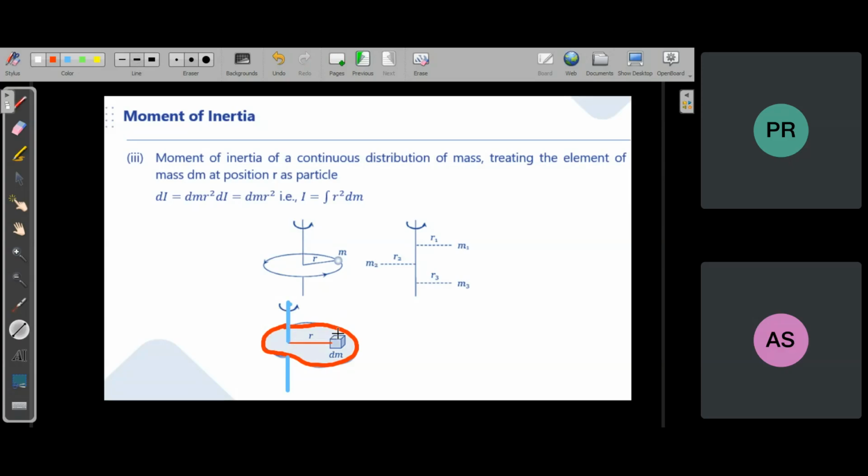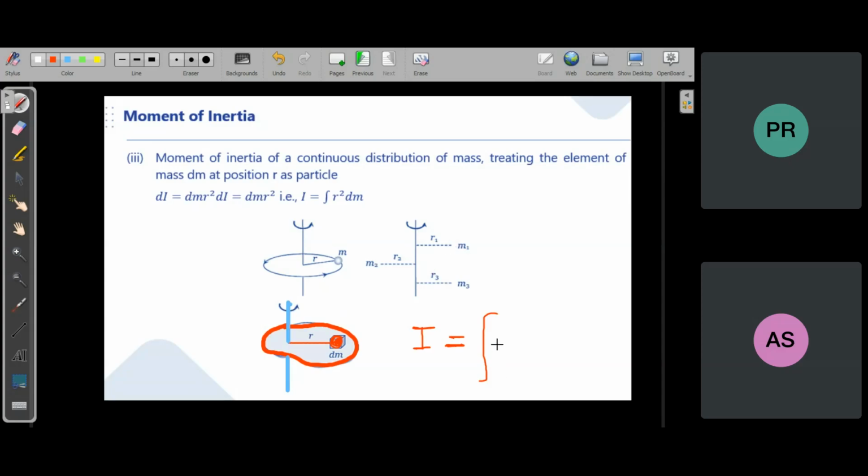So you can consider it as a single particle and apply the same formula. But because the distribution is continuous, we don't use summation, we use integration. Mass is distributed everywhere at all distances from the axis, so that is called continuous distribution.